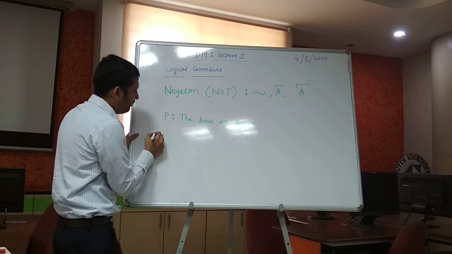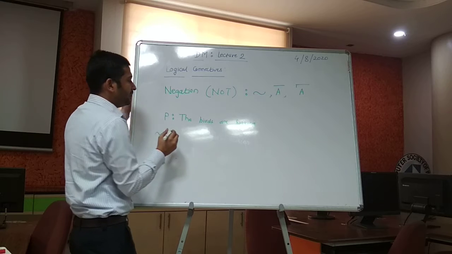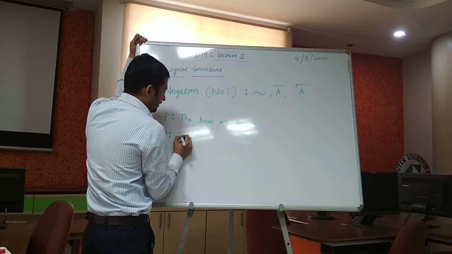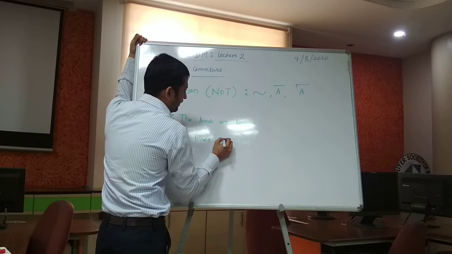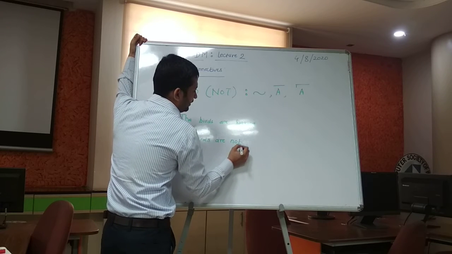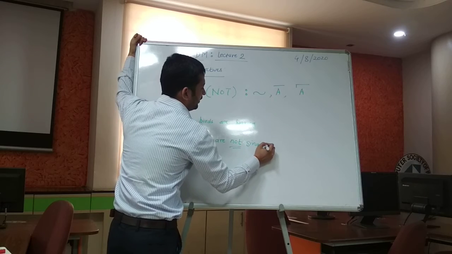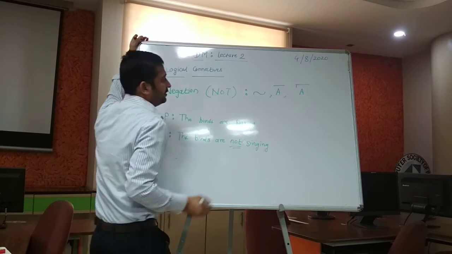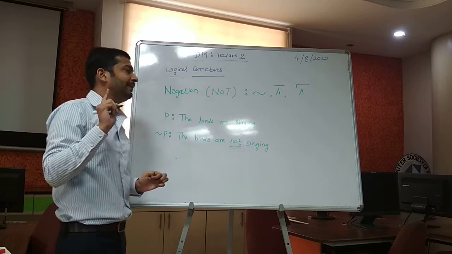So negation of P, we just add not in that statement. The birds are not singing. So this is the solution of that P statement. So we require here only one input statement, or only one proposition.